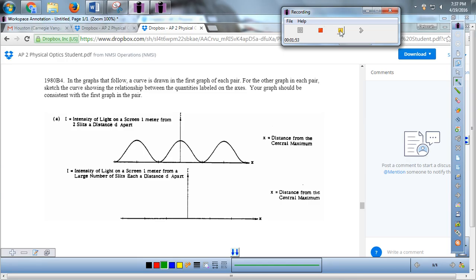Okay. Then they give you 1980 B4, and they give you a graph in Part A, and it says in the graphs that follow, a curve is drawn in the first graph of each pair. For the other graph, in each pair, sketch the curve showing the relationship between the quantities labeled on the axis. Your graph should be consistent with the first graph in the pair. So you have to kind of think about what you're doing there.